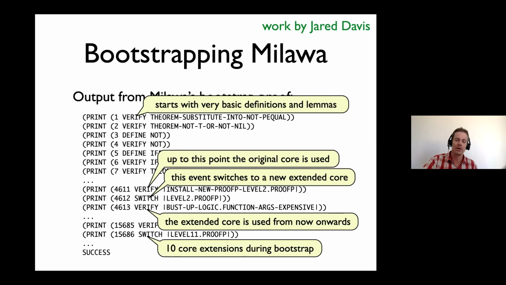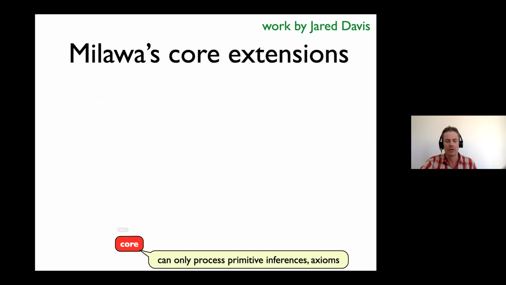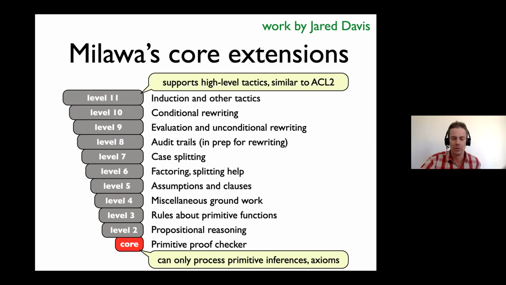Yeah, so okay. So in the Bootstrap, you have 10 core extensions, and this builds up something that is somewhat similar to ACL2 in expressive power of the proof checker. Yeah, so here, this is just a listing of what those do.